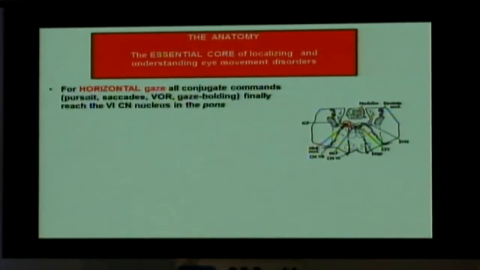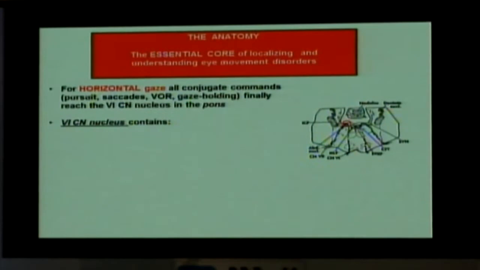The anatomy. This is the essential core of localizing and understanding eye movement disorders. You have to know a little bit of the anatomy. For horizontal gaze, all conjugate commands, pursuit, saccades, vestibular, gaze holding, finally reach the sixth nerve nucleus in the pons.